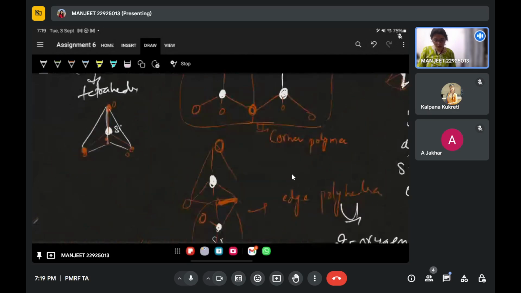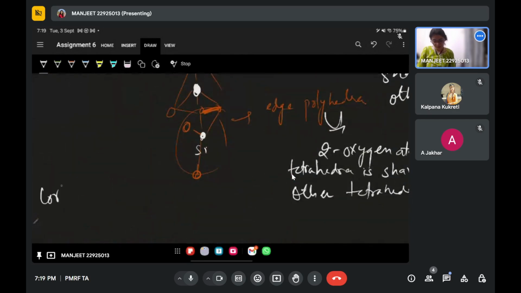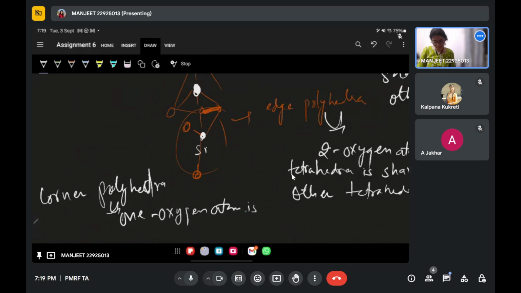In the corner one, one oxygen atom is shared, or they are connected at the corner. So we have three different polyhedra.